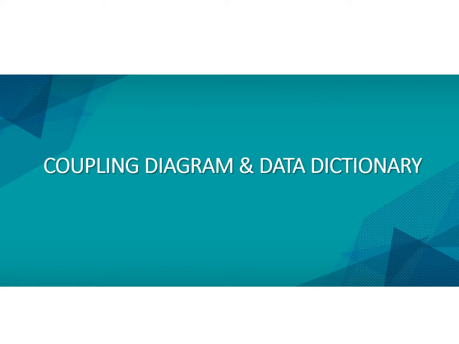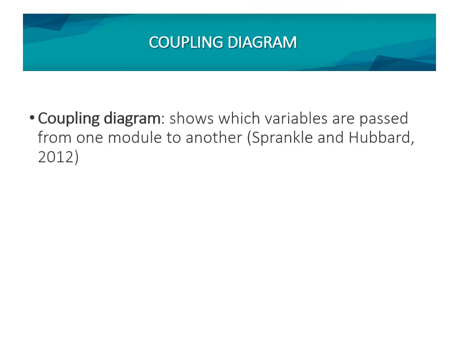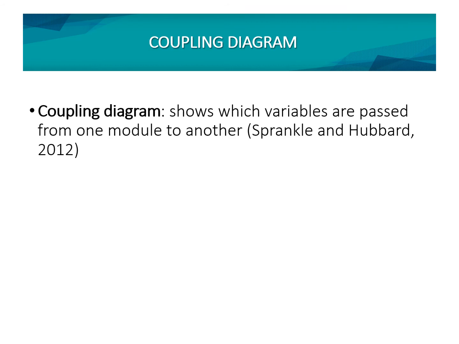Okay, we move on to a subtopic for this topic, introduction to programming structure, which is coupling diagram and data dictionary. Coupling diagrams show the variables passed from one module to another.